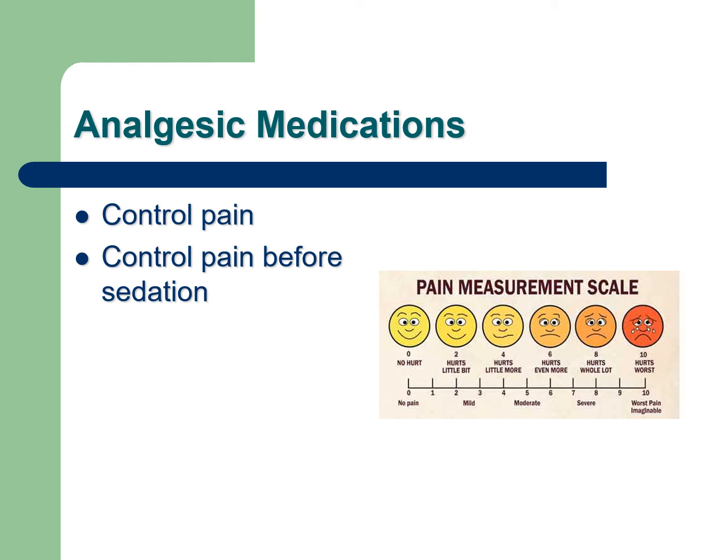Another example is called the FLACC Scale, and another one could be called the Cry Scale. And finally, there's the McGill Pain Scale. There are many other pain scales out there, but I'm sure you're familiar with this one. And nursing uses different scales at different hospitals. And remember, the goal is to control the pain before you control the sedation.